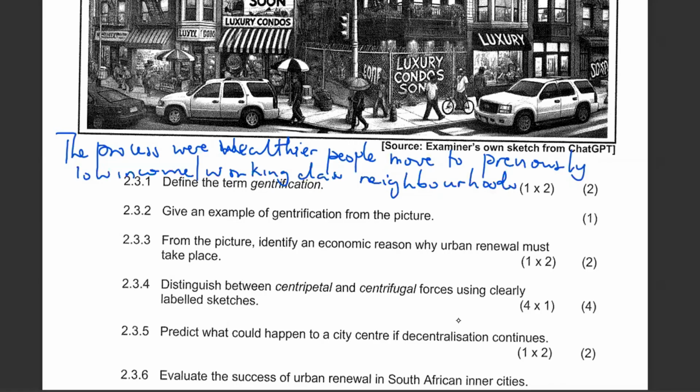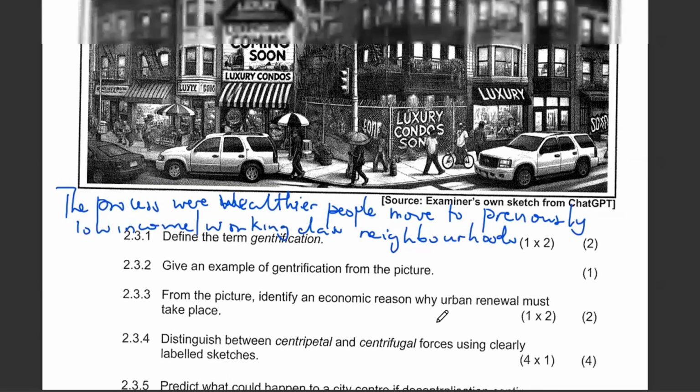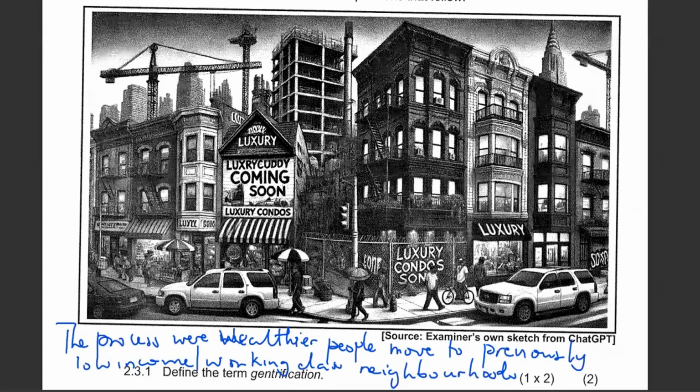Give an example of gentrification from the picture. What example can we see that there's gentrification happening in the area? Right, the example that we see is here. The luxury counters is coming soon in the area.